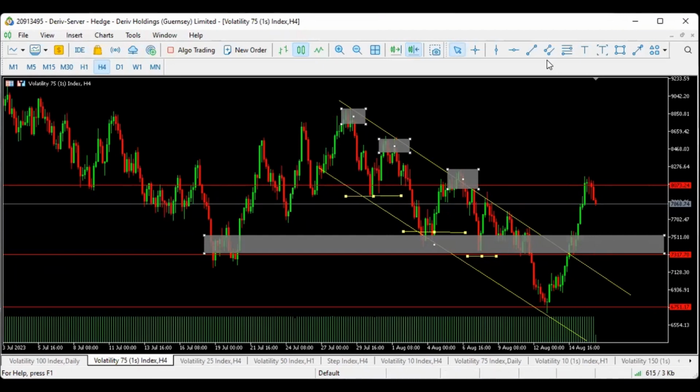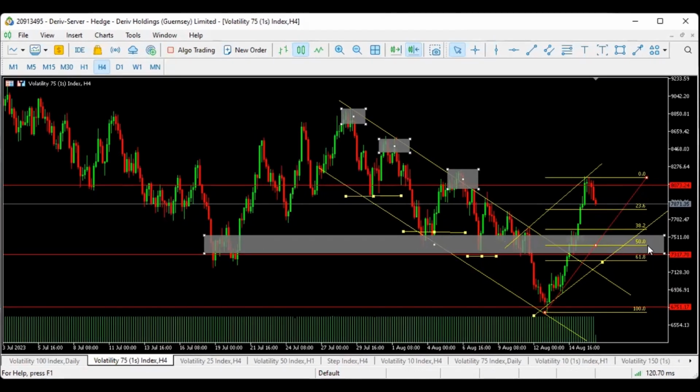If I put my other channel that I'm expecting it to form, it will look something like this. And I don't know if you know of the Fibonacci. If I extend this fib, you'll see normally the price retraces up to somewhere around 50 and 68%.